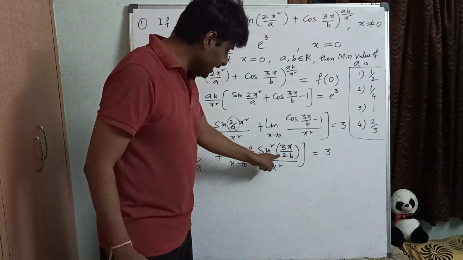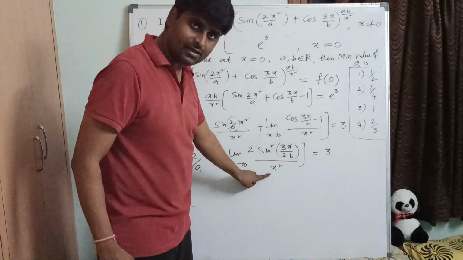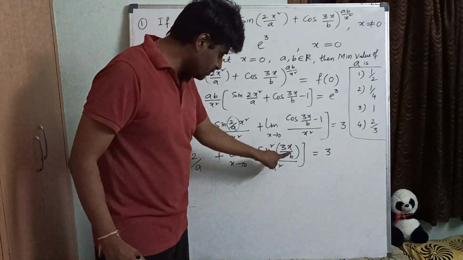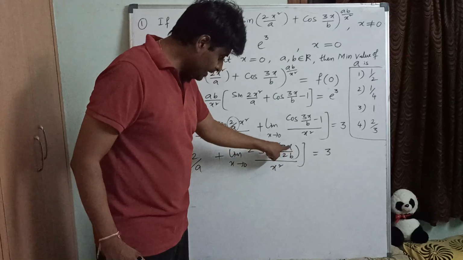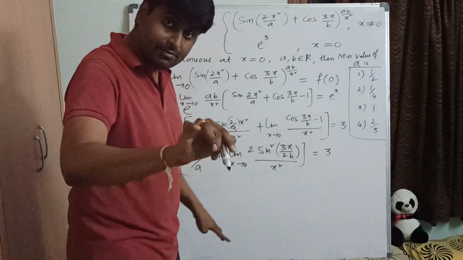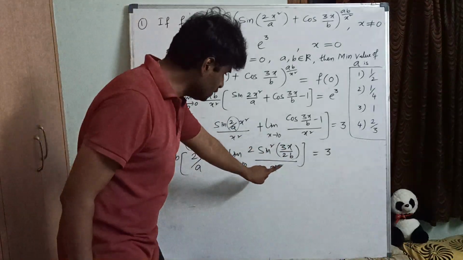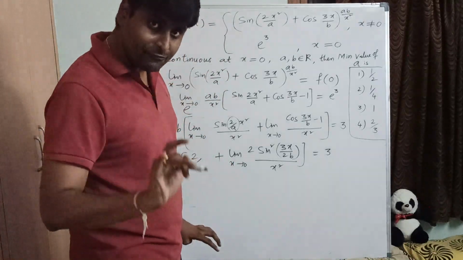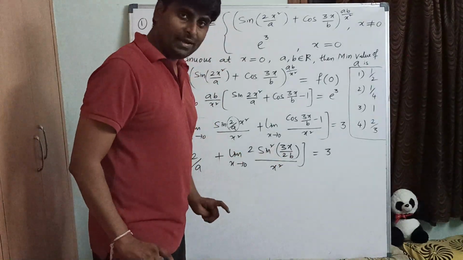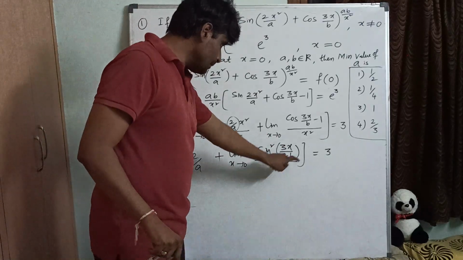Sin square whatever we have, that number square we need to have here. This number square, x square is already there. Remaining is 3 by 2b. 3 by 2b whole square term also we need to have in the denominator. So 9 by 4b square, multiply here and multiply on the numerator.